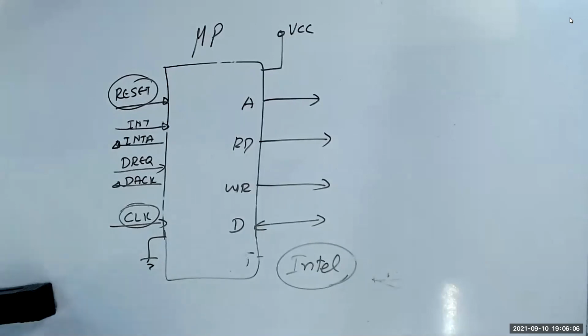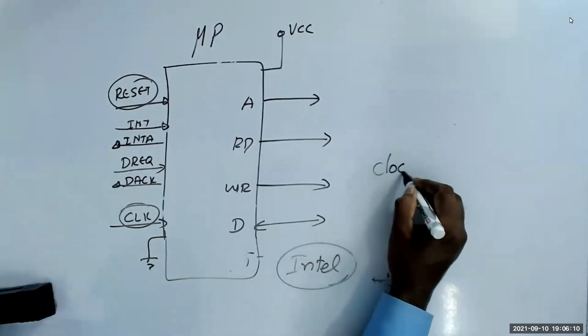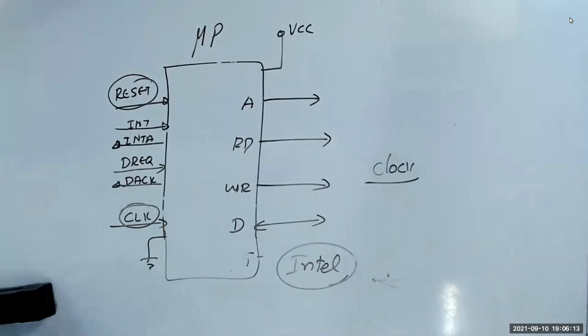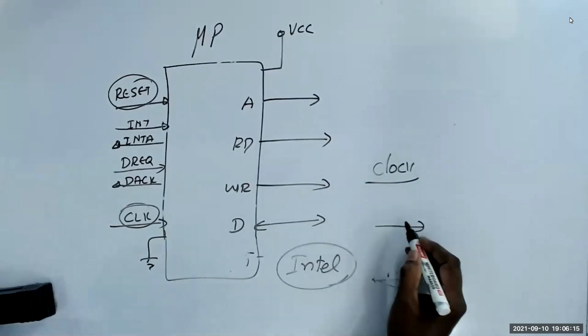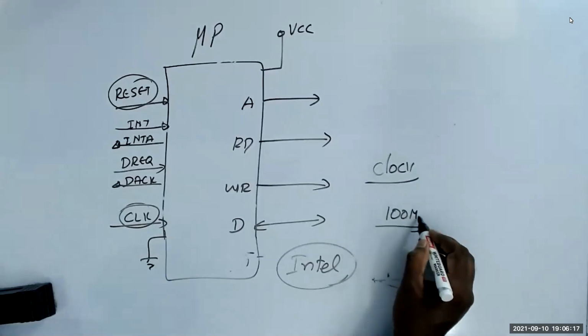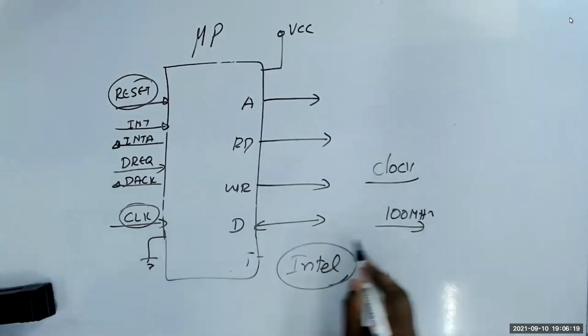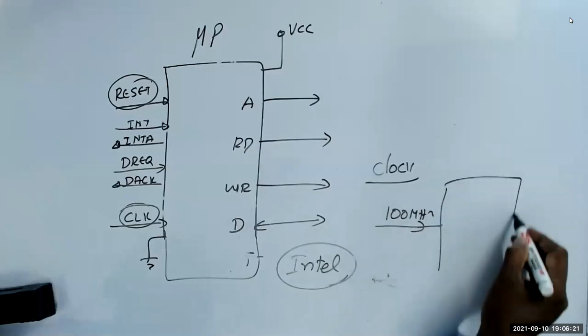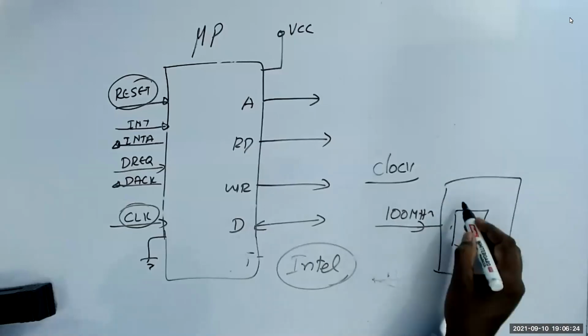But the problem is sometimes generating a clock at high frequency is very tough. So what they do is you give a very small clock outside, like 100 megahertz, but within the IC we have something called a multiplier.